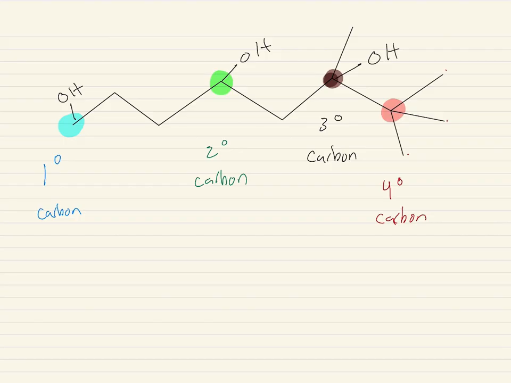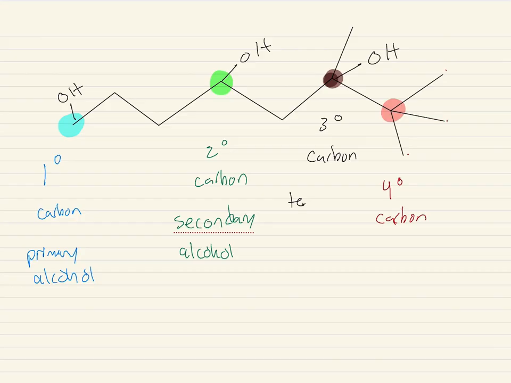So 1 degree carbon, this is called a primary alcohol. When an alcohol is bonded to a 1 degree carbon. A secondary alcohol is when an alcohol is bonded to a 2nd degree carbon.